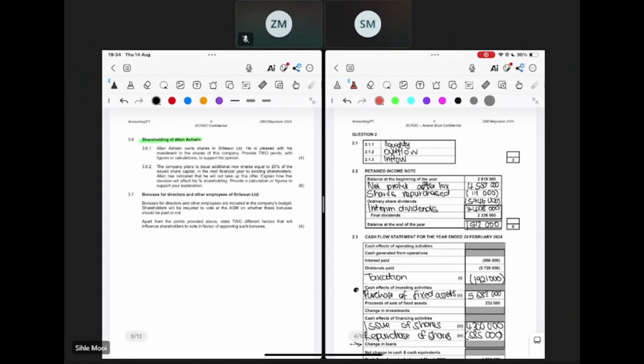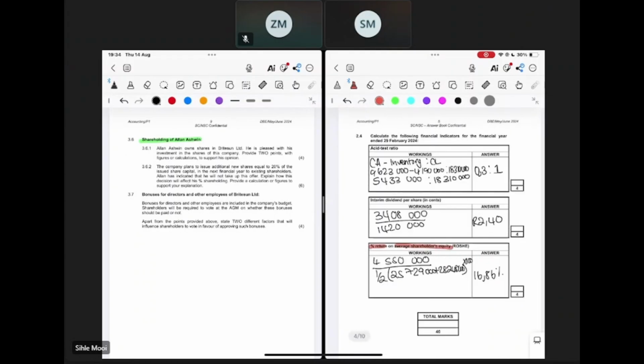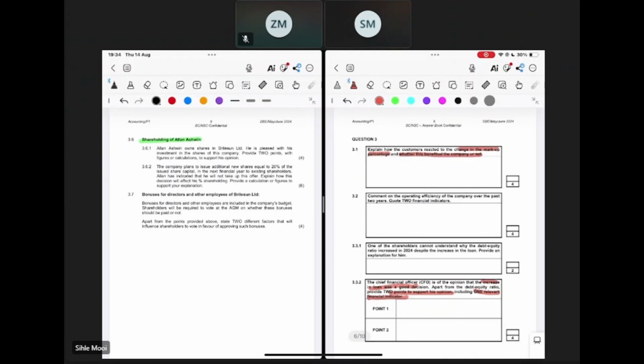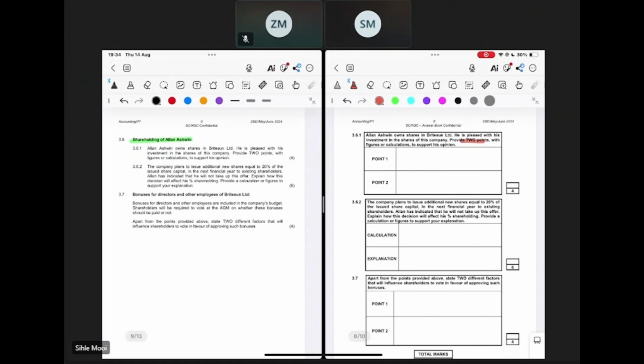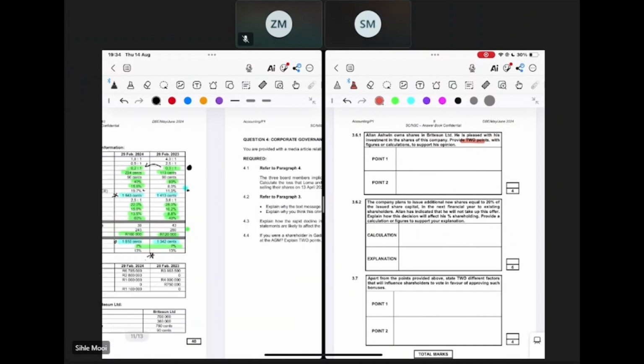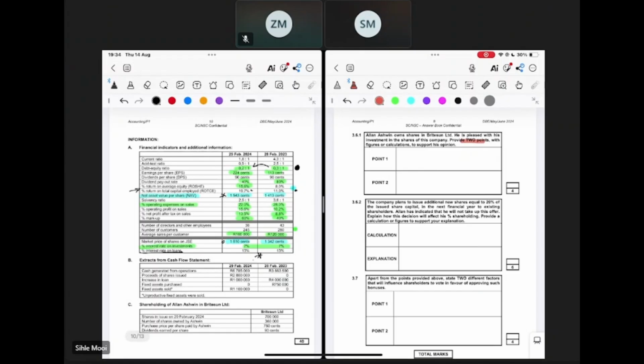Provide 2 points. This is the information relating to Ashwin. They're telling us Ashwin paid 780 cents for the shares, and now he's getting 90 cents per share.